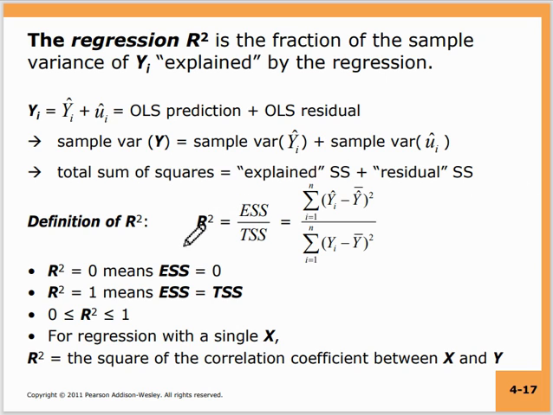So R square is defined as the explained sum of squares divided by the total sum of squares, which is given by this formula. In order to derive this formula, let me show you in a graphical manner what we are talking of. So we have the x variable and we have the y or the dependent variable.